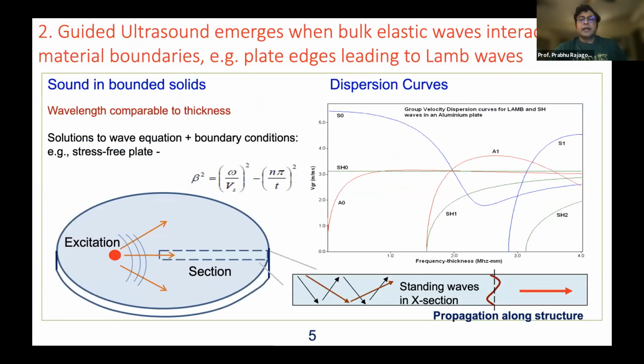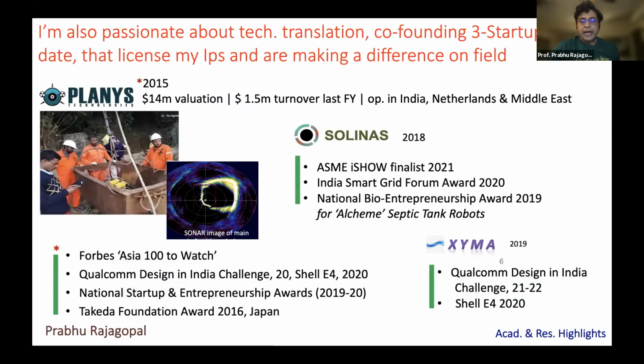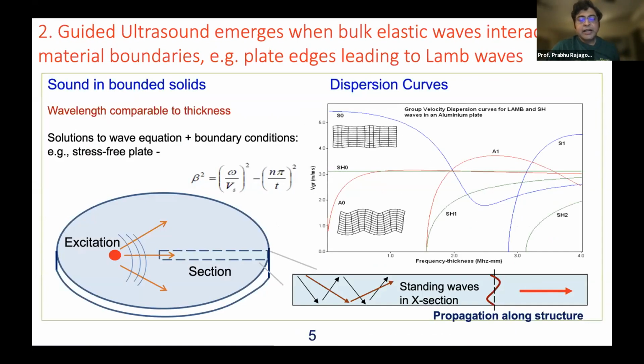The other area of interest to me is guided ultrasonics, which is trying to send sound guided by extended features like plates and pipes and so on. I'll come to guided ultrasonics again later. The attraction of guided ultrasonics is that we can use multiple modes, and some of these modes have very different mode shapes, and therefore they give us feature-rich information about the structures we are inspecting.